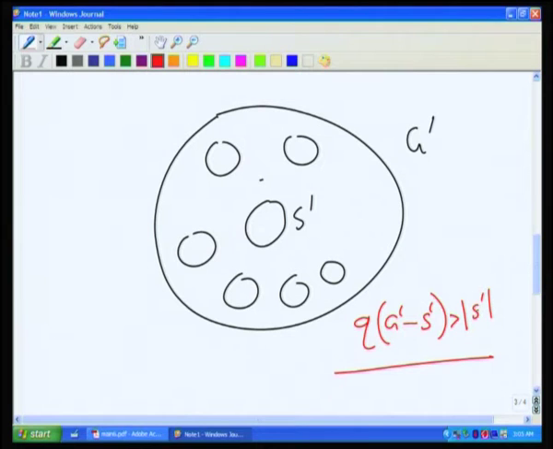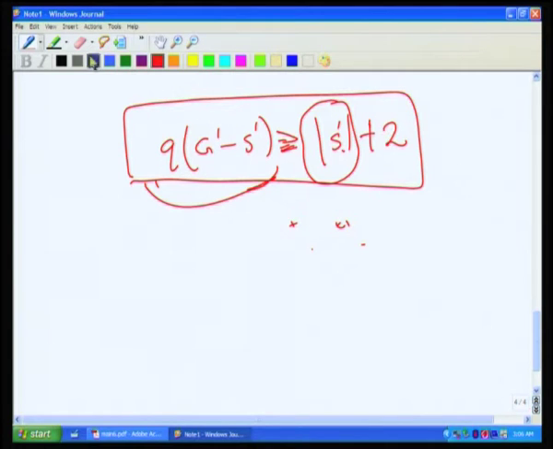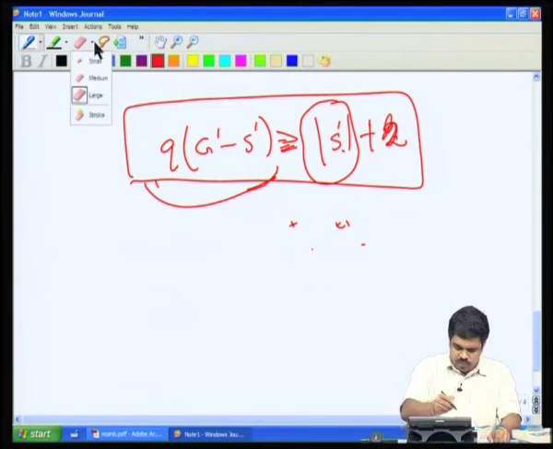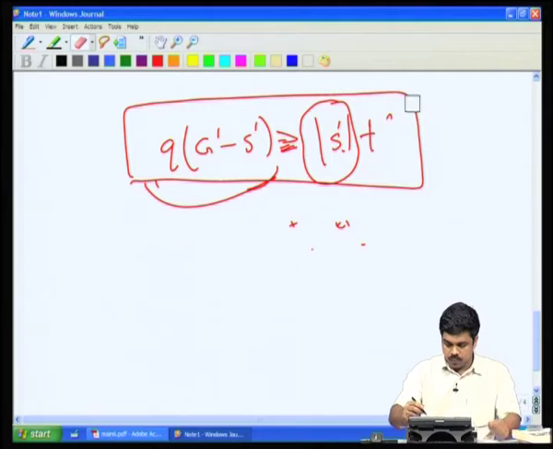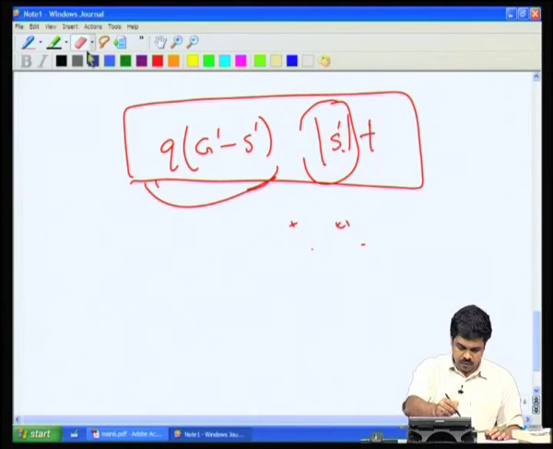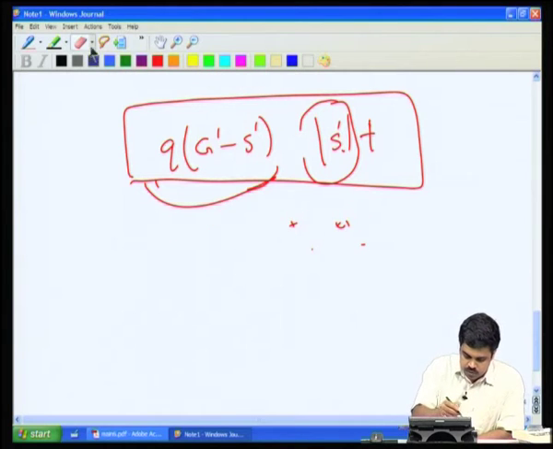So, if S dash is even, then Q of G dash minus S dash also has to be even. If S dash is odd, then Q of G dash minus S dash also has to be odd. So, therefore, they cannot be differing in just one value. For instance, it is not possible for them to differ in exactly one.